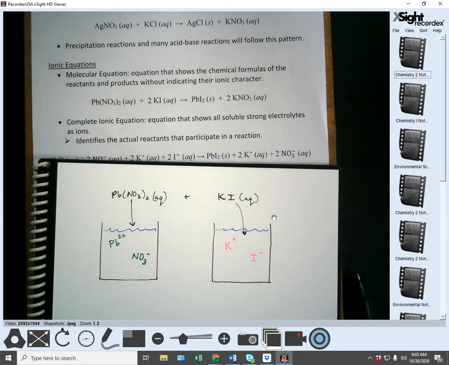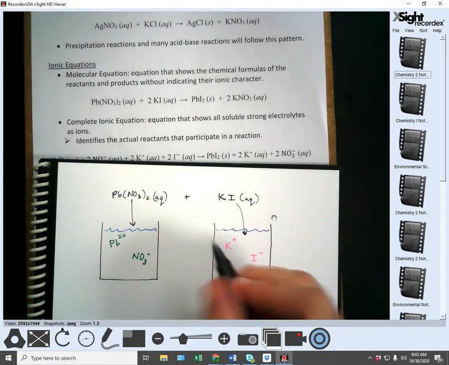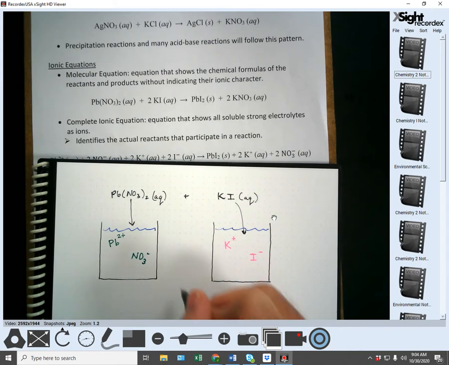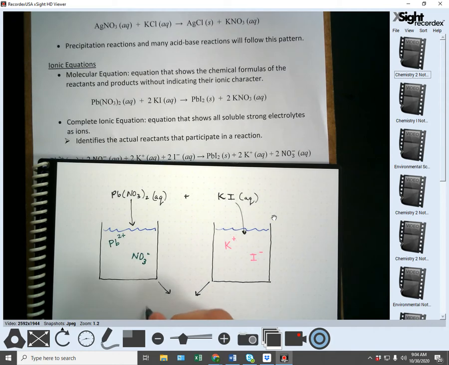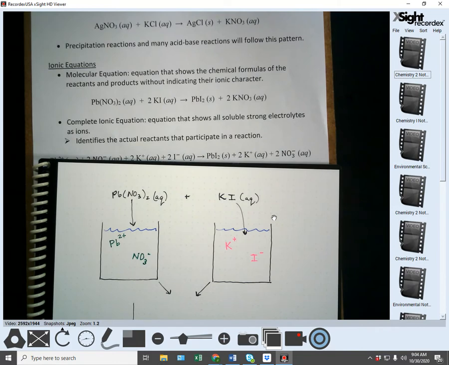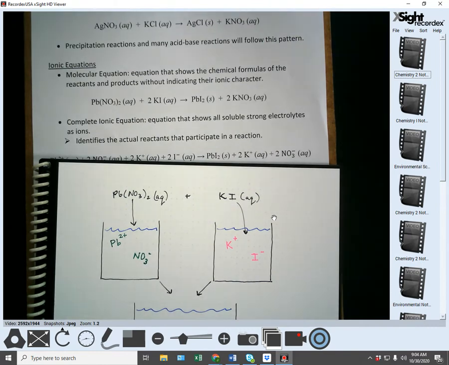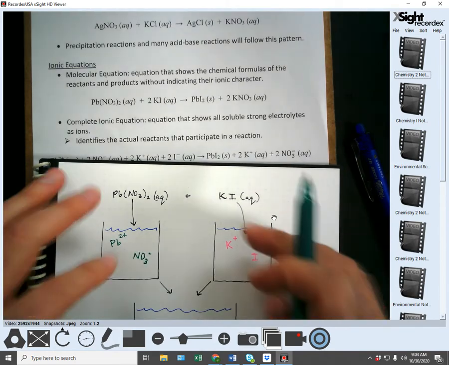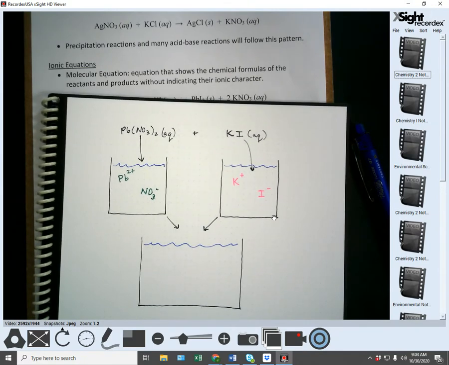Okay. When we mix these together, we essentially are going to have all four of these ions floating around inside of here, right?